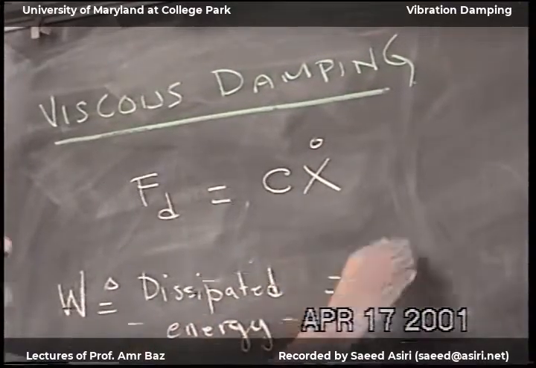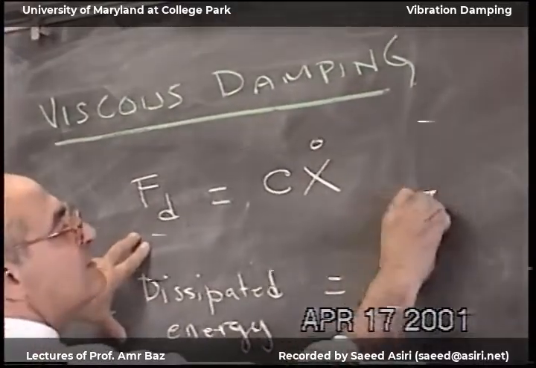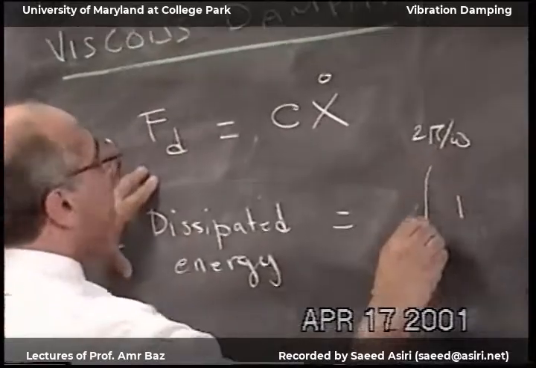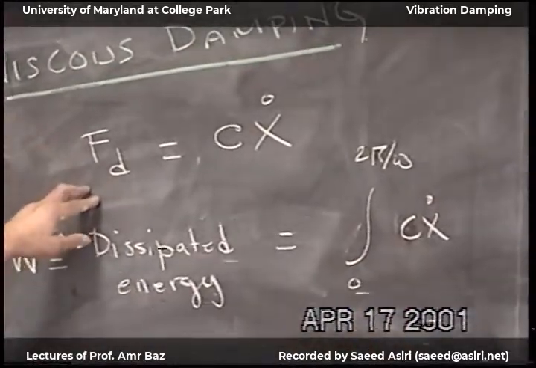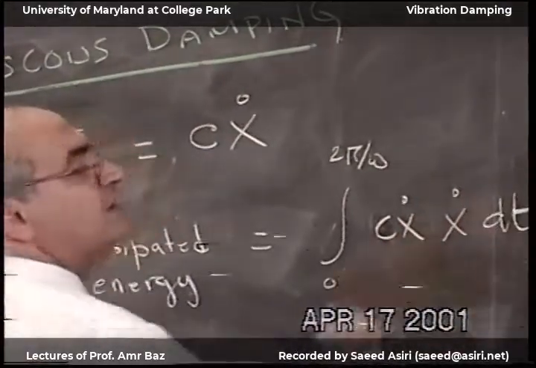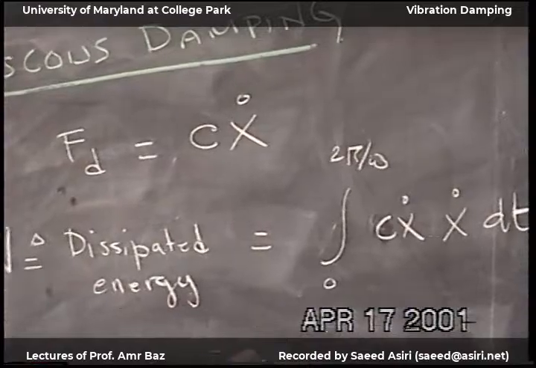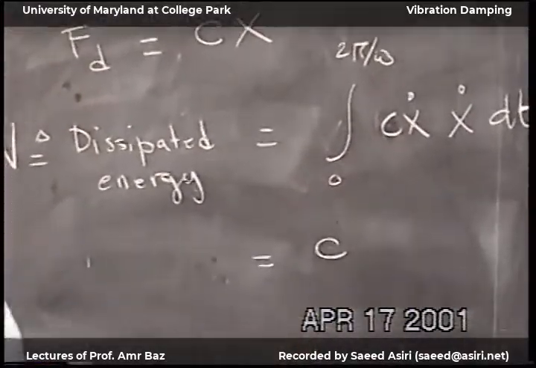So this will equal the integral of Fd dx, where Fd is C x dot, and dx I'll divide by delta t and multiply by delta t, so this would be x dot dt, and this will equal C times the integral of x dot squared.